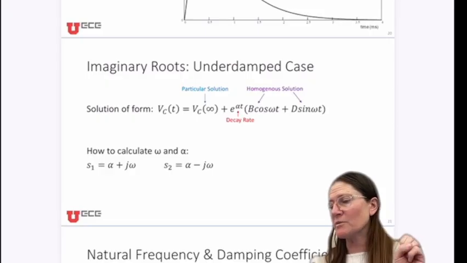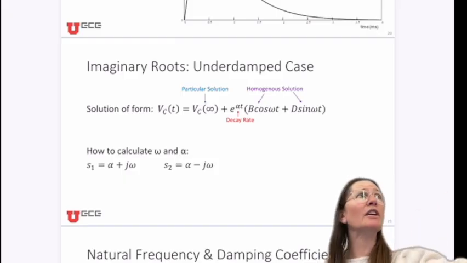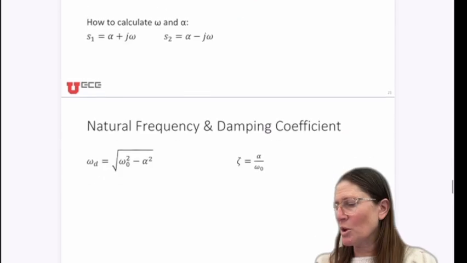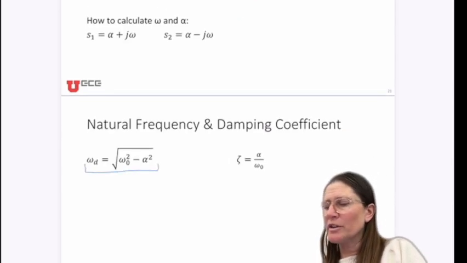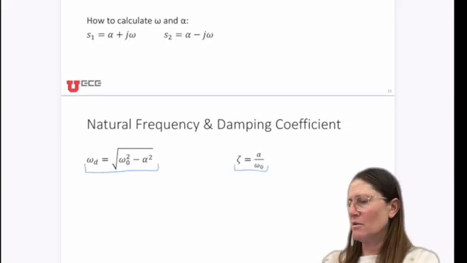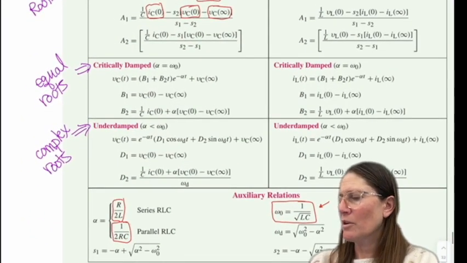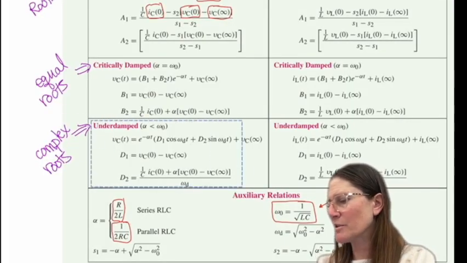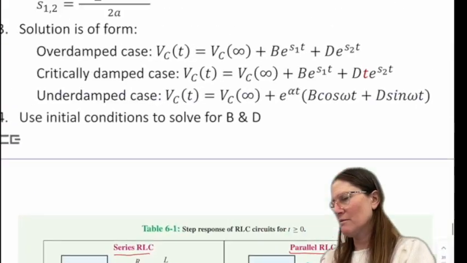If it's underdamped, now we have complex roots, and so we're going to end up in the time domain with a cosine and a sine. So then we want to find that frequency called the natural frequency and the damping coefficient. So for underdamped, we're going to need to know a couple more values.